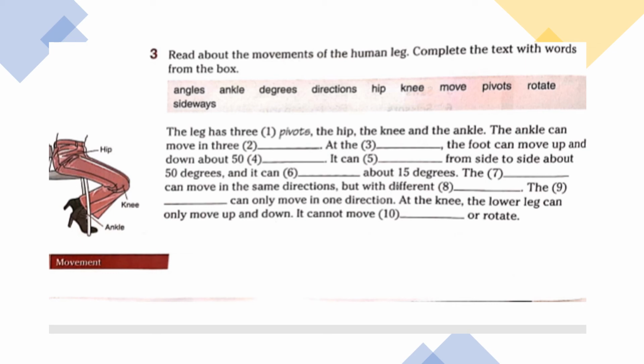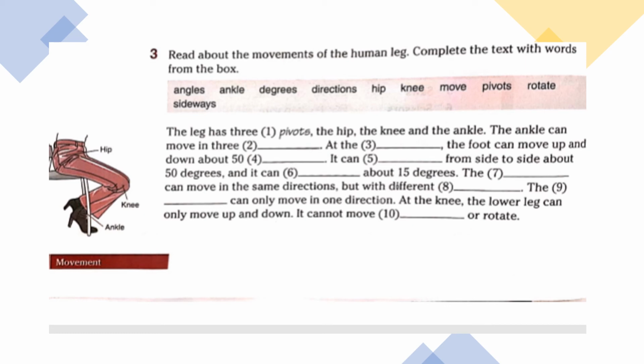The foot can move up and down about 50 degrees. It can move from side to side about 50 degrees, and it can rotate about 15 degrees. Number 7, the hip can move in the same directions but with different angles.